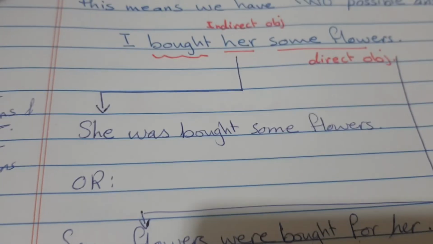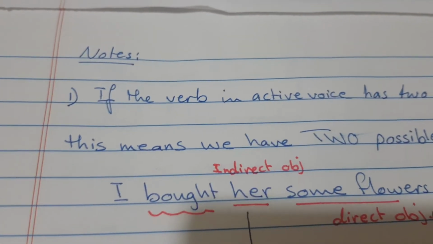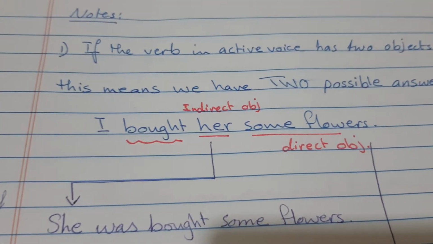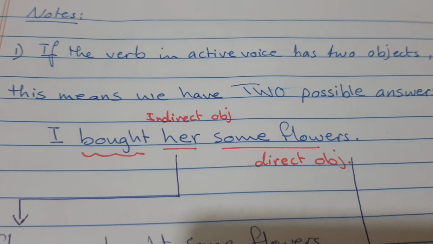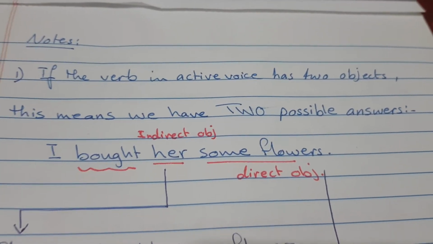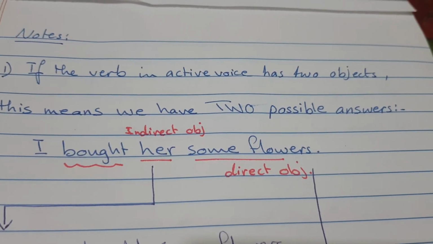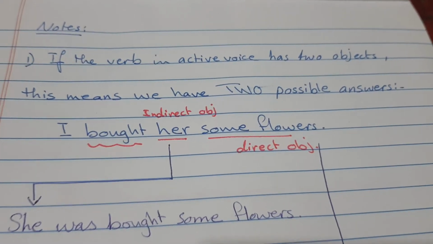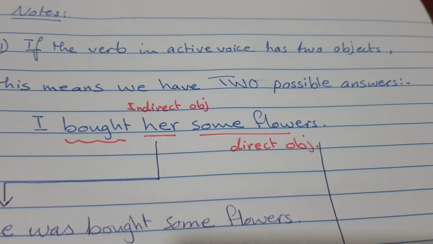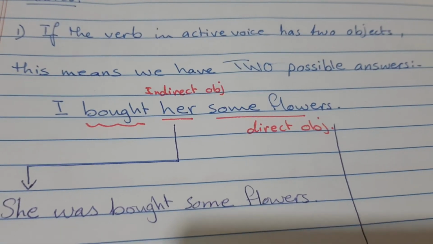Now, let's move to some notes that we need to bear in mind. If the verb in active voice has two objects, this means that we have two possible answers. For example, I bought her some flowers. Now, we need to remember something.